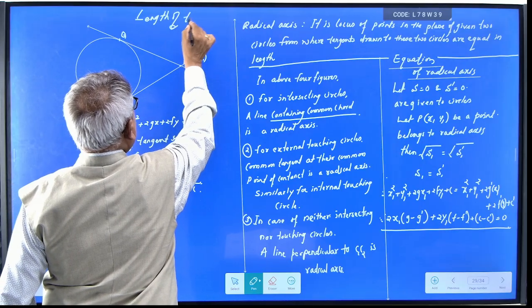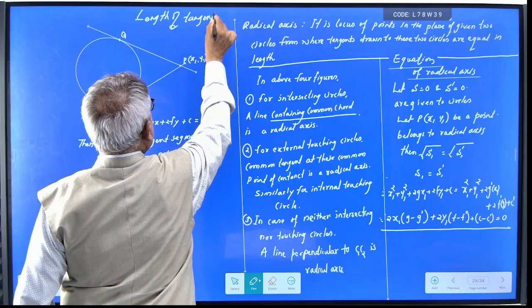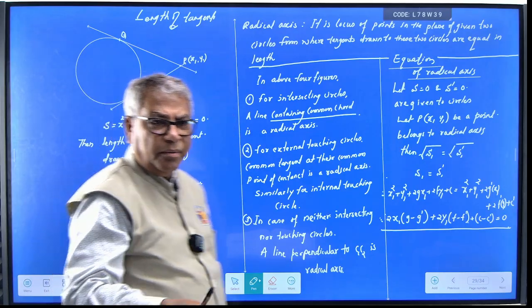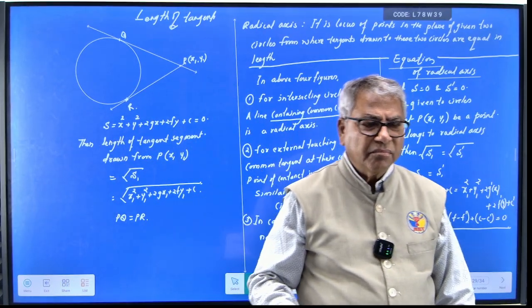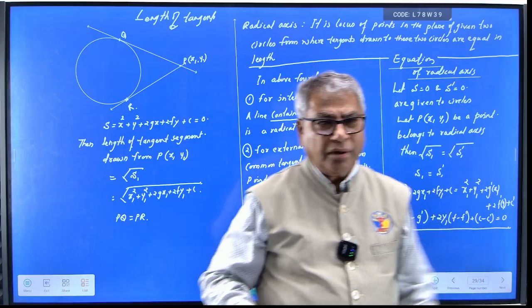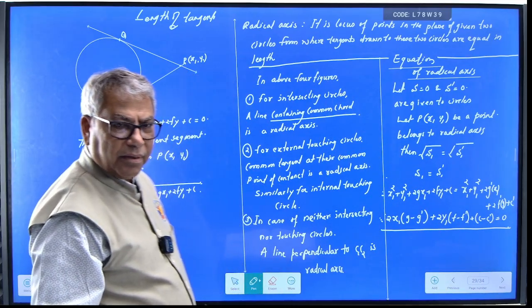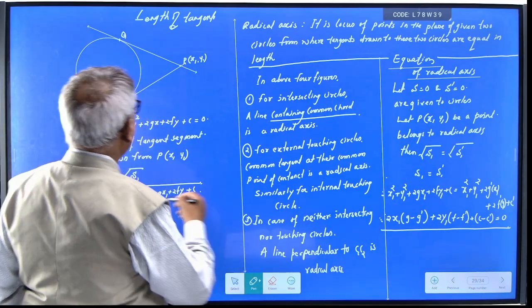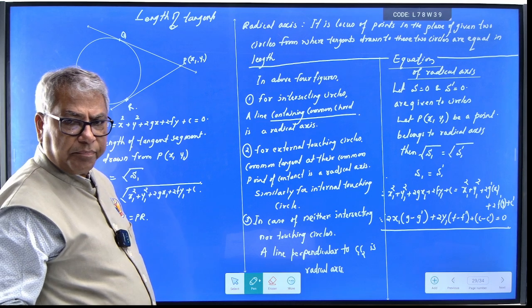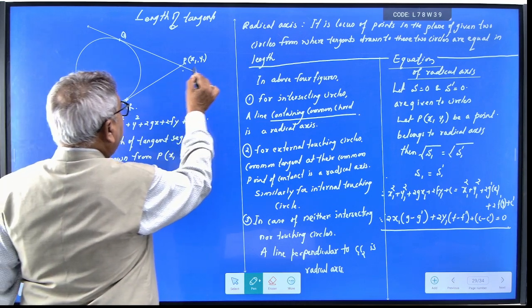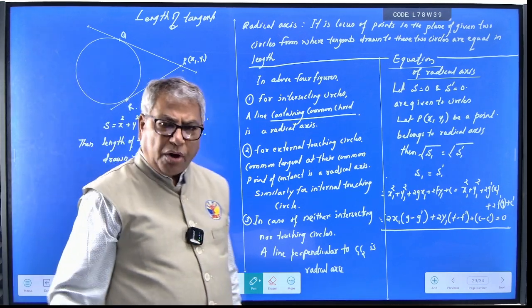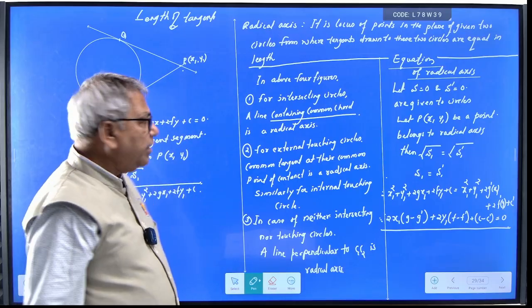Length of tangent. P(x1, y1) is a given point outside the circle.